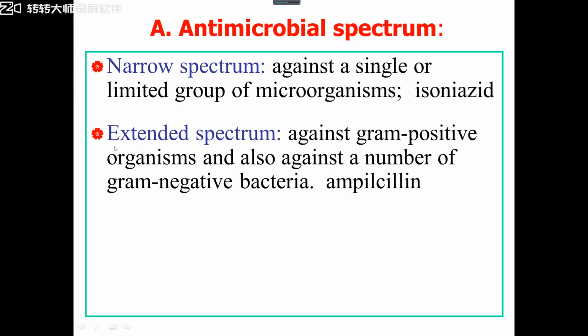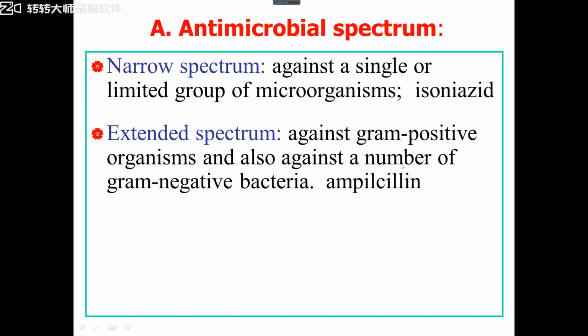The second kind, extended spectrum antibacterial drugs. These drugs act against gram-positive organisms and also against a number of gram-negative bacteria, such as ampicillin, such as amoxicillin. These drugs are extended spectrum compared to narrow spectrum.